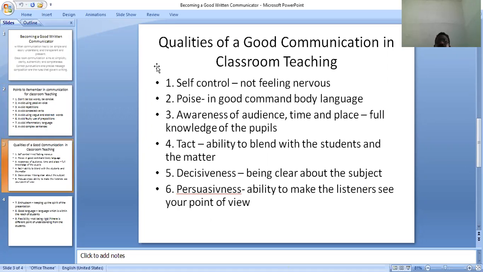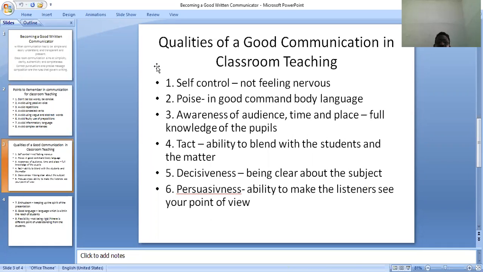Qualities of good communication in classroom teaching. We should have self-control, not feeling nervous, being poised, with good command of body language, awareness of audience, time and place, full knowledge of the pupils, tact, and ability to blend with the students and the matter. Decisiveness, being clear about the subject.